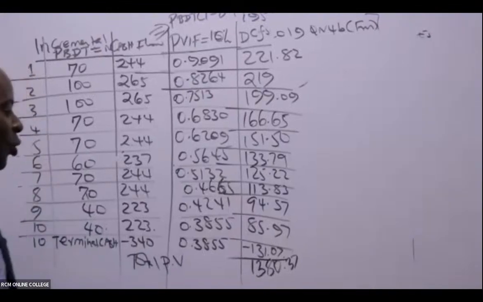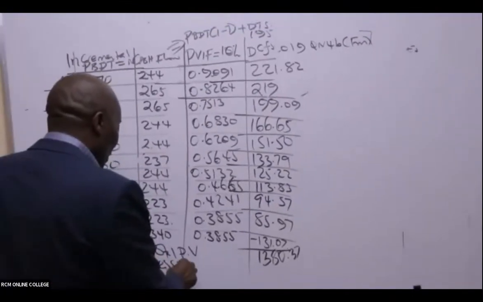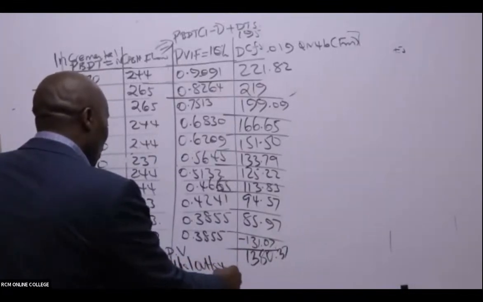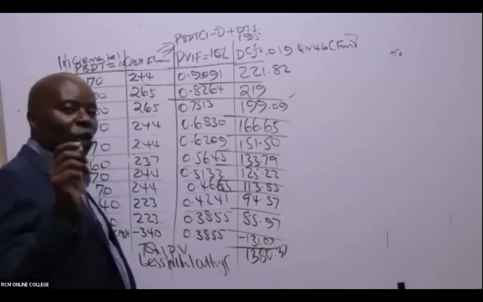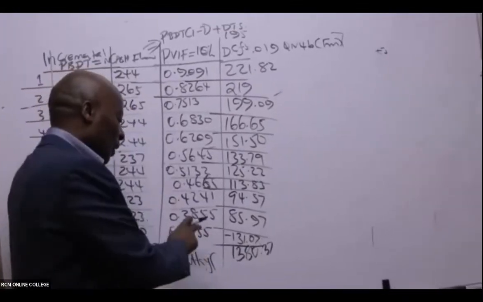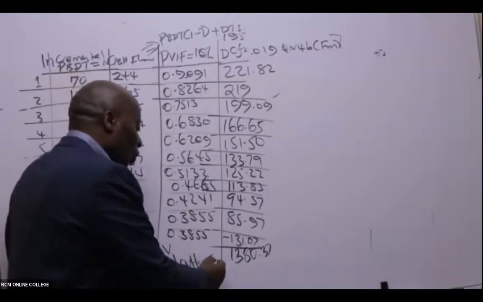So then after you do that, you will come under less initial outlay. Not unless I get extra time. If I have some time on my hands, then I'll be able to compute this initial outlay. Otherwise, I will tell the examiner, I'm not doing this.